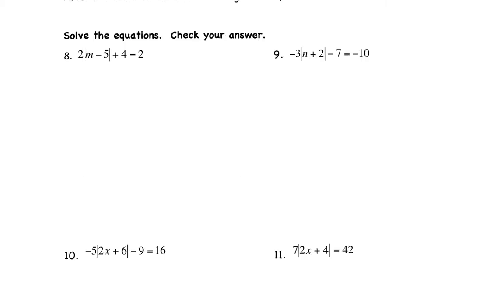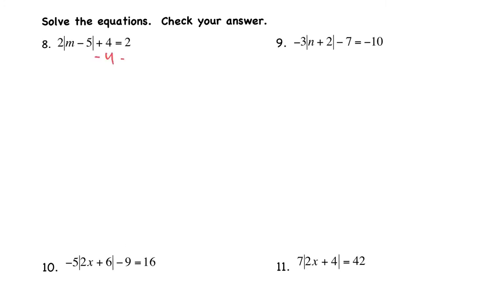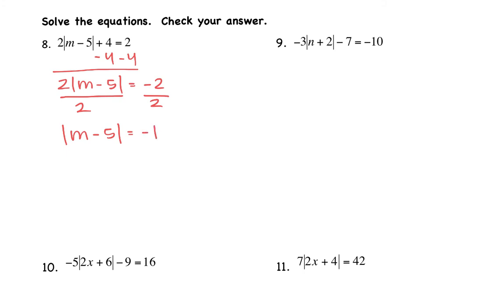So on number 8, my first job is to get the absolute value bars by themselves. So to do that, I'm going to start by subtracting 4 from each side. Then I'm going to divide each side by 2. Now, my absolute value bars are by themselves.